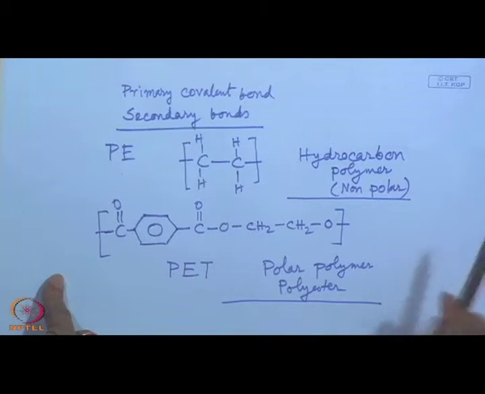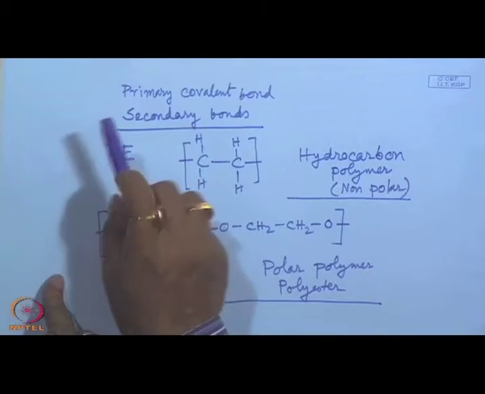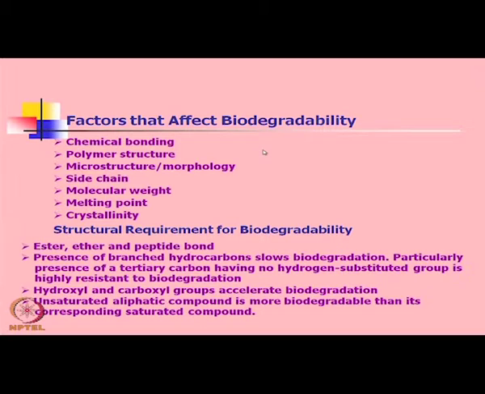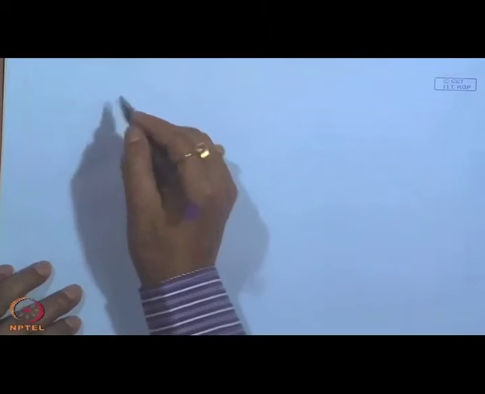So, we have to think of what kind of chemical bond is present in those polymers, what kind of secondary bonds are present, and what is the total quantity of secondary bonds present. That is related to the solubility parameter of the polymer.